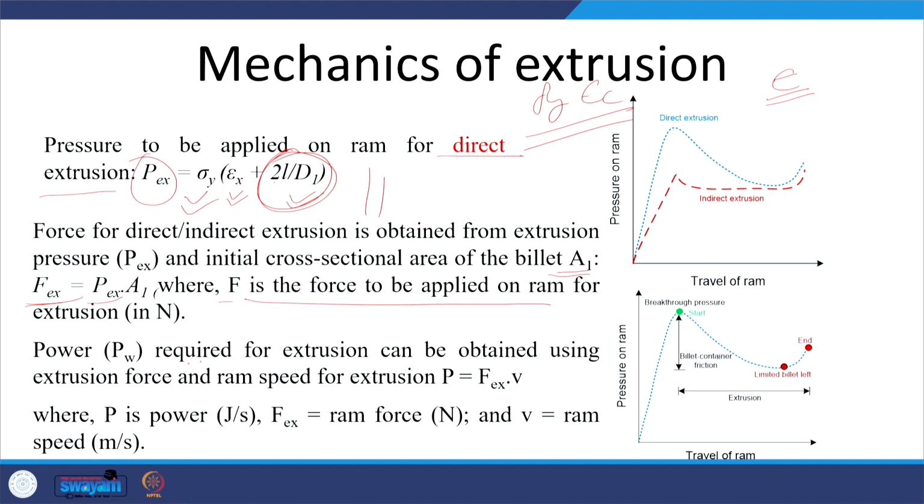The power required for extrusion can be obtained from the force required for extrusion and the extrusion speed. P is the power, Fex is the force to be applied on the ram, and V is the ram speed. So, this will give us the power required for the extrusion. The difference in this component leads to the difference in force or pressure required for direct extrusion as compared to indirect extrusion.